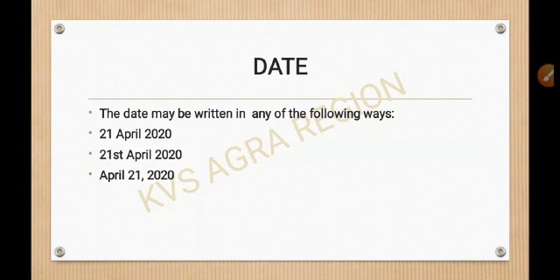The date may be written in any of the following ways. It could be, for example, 21 April 2020 or 21st April 2020, or you can even place the month before the date, April 21, 2020. So you can either use British format or the American format for writing the date.